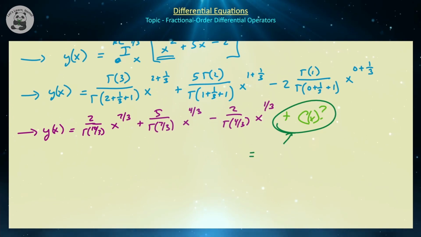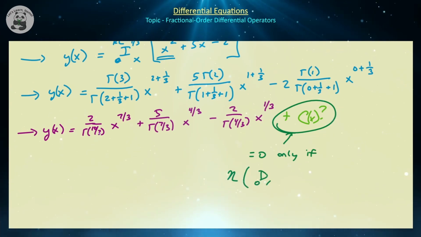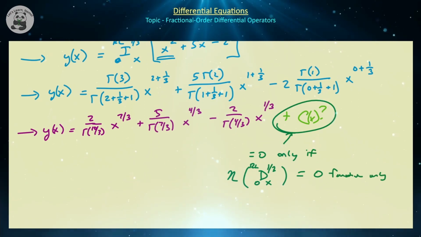So this is equal to 0 only if the null space of this operator, the Riemann-Liouville derivative of order 1/3 with base point 0, is equal to the 0 function only. But if there are other functions in the null space of a Riemann-Liouville fractional integral of order 1/3 with base point 0, then whatever those functions are would be included there in that plus c of x term, right?